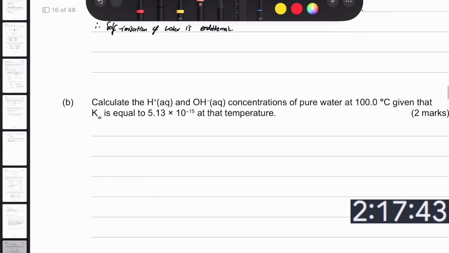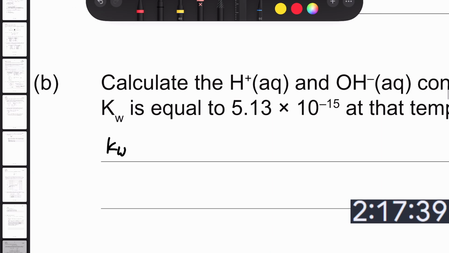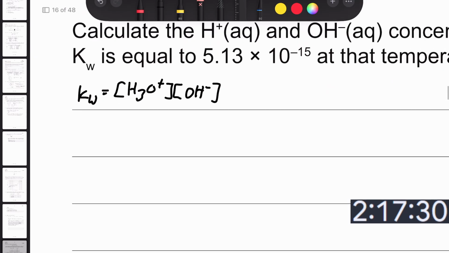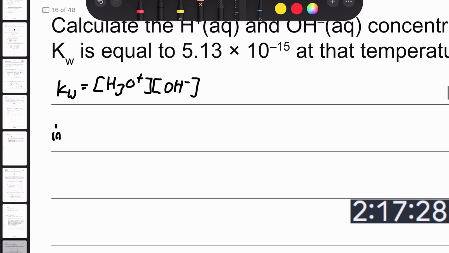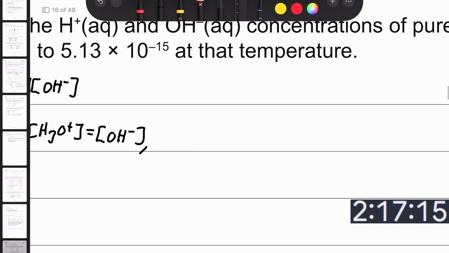Calculate the H of pure water at 100 degrees, here and Kw is equal to that. Okay, so then Kw is equal to this, and it says in pure water my hydronium concentration equals my OH- concentration regardless of temperature.